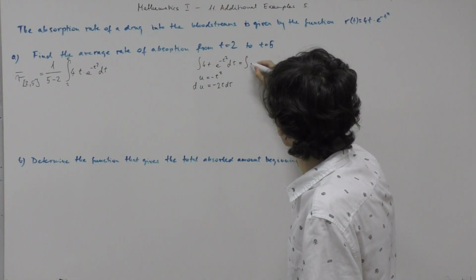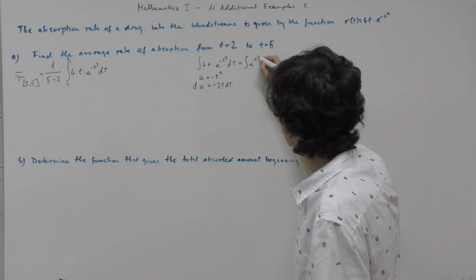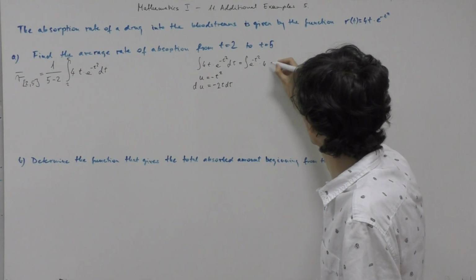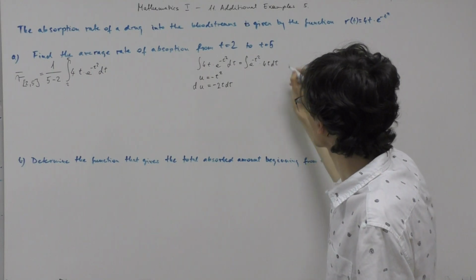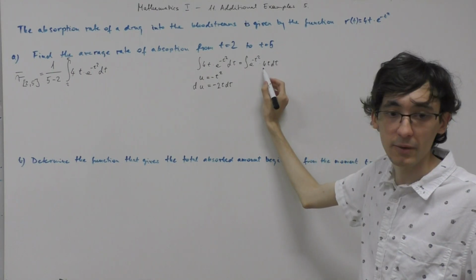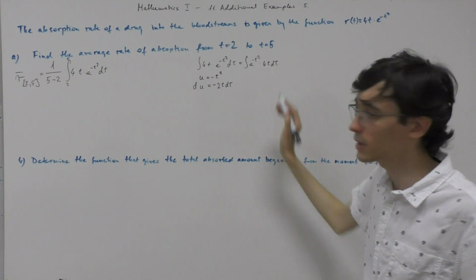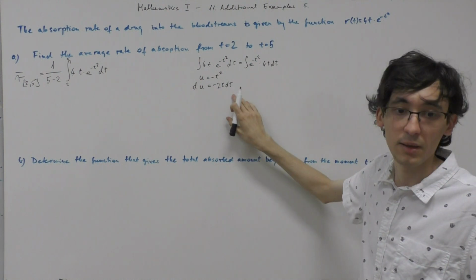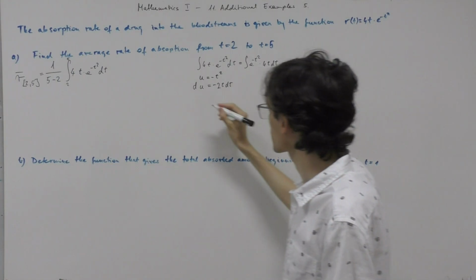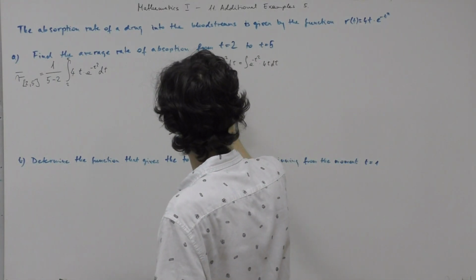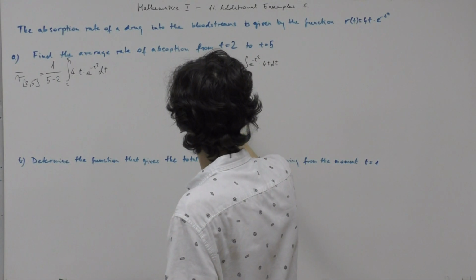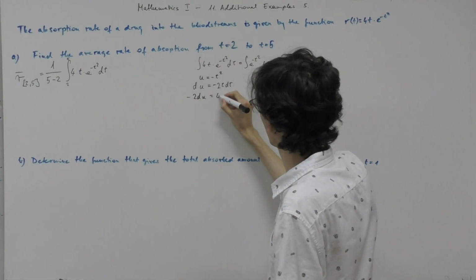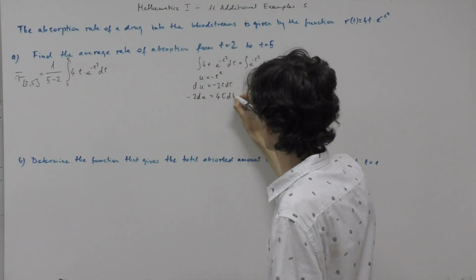So we have integral e to the negative t squared times 4t dt. Now we can see that here we have 4t dt. So to get the same here, let's multiply by negative 2. So we have negative 2 du equals 4t dt.